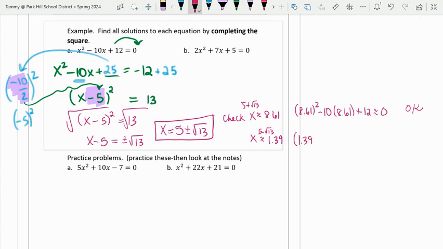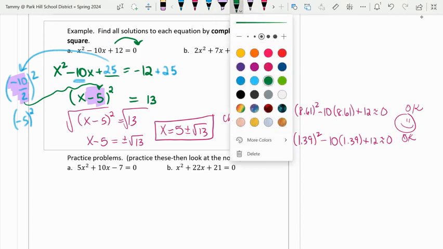So 1.39 quantity squared minus 10 times 1.39 plus 12. Is this approximately 0? Let's see. 1.39 squared minus 10 times 1.39 plus 12 is 0.0321, which is close. So these are close and we're good to go because we rounded those decimals. But the answers that I'm looking for are 5 plus or minus the square root of 13.